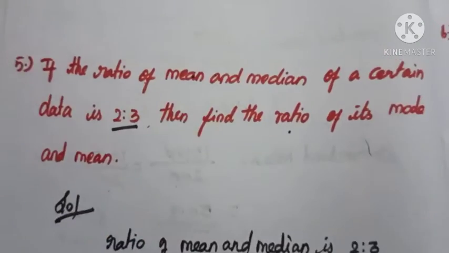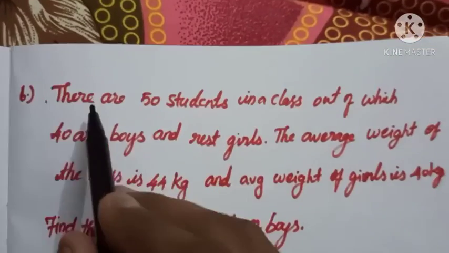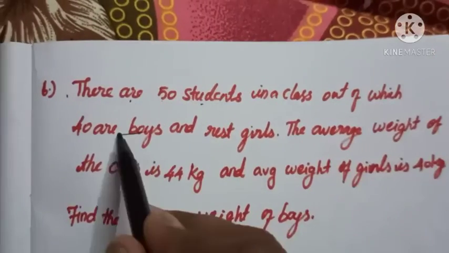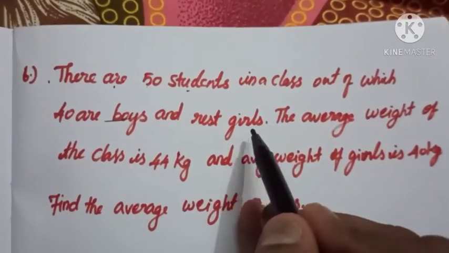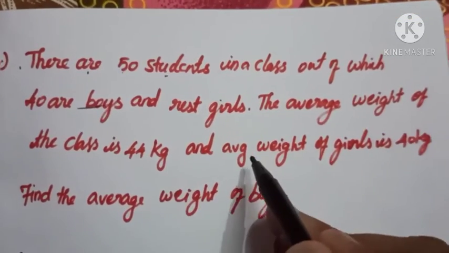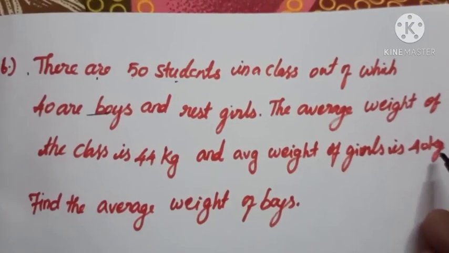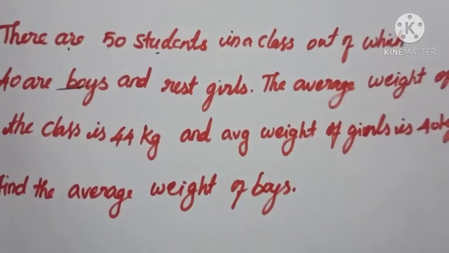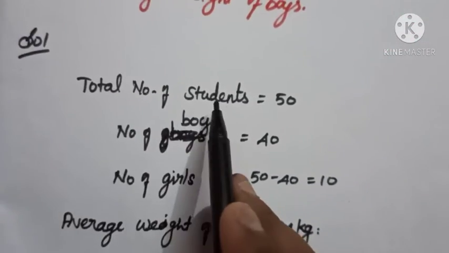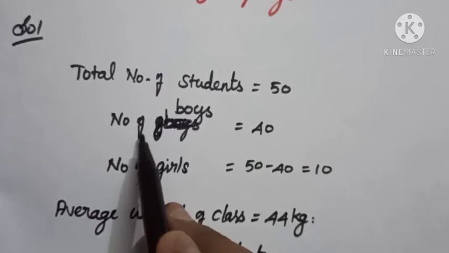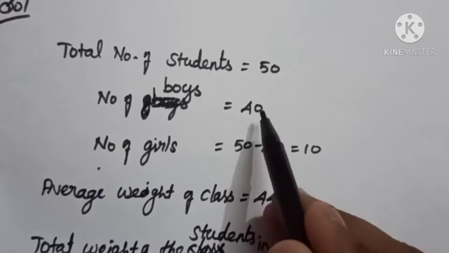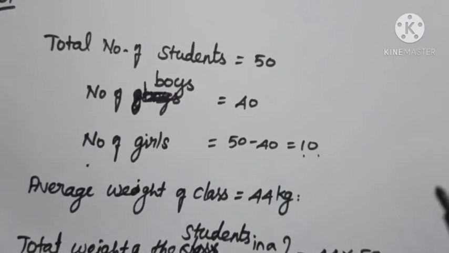Question number 6. There are 50 students in a class, out of which 40 are boys and the rest girls. The average weight of the class is 44 kilograms and the average weight of girls is 40 kilograms. Find the average weight of the boys. It's very easy. The total number of students is 50. The number of boys is 40 and the number of girls is the rest, 50 minus 40, so only 10 girls.